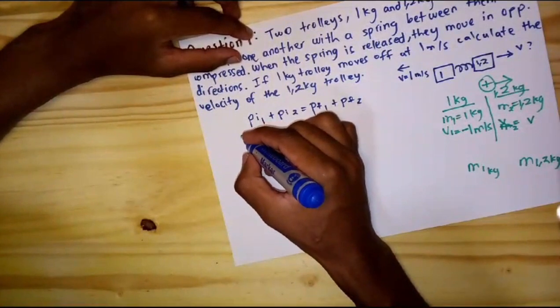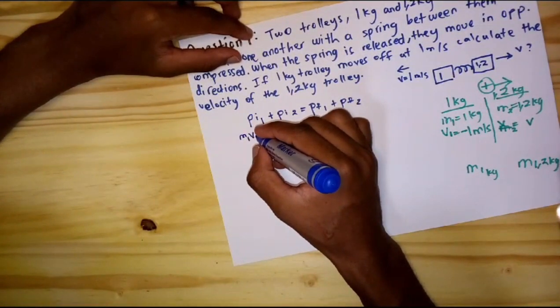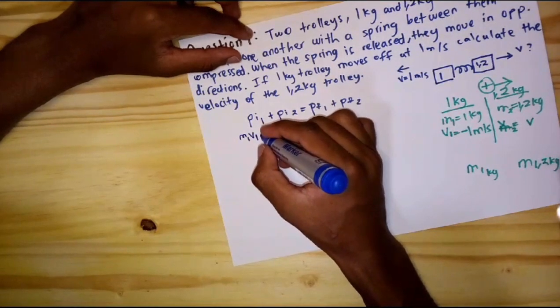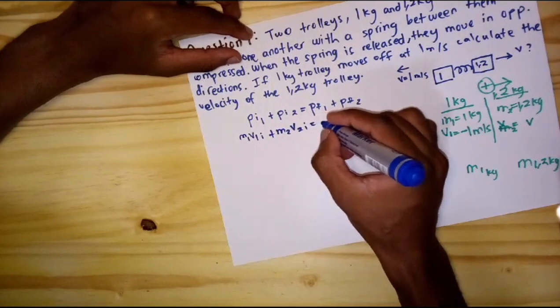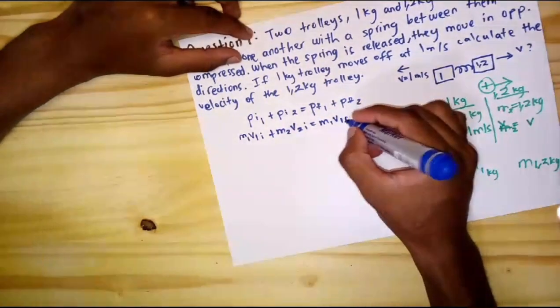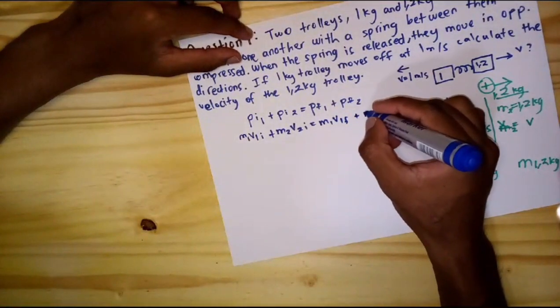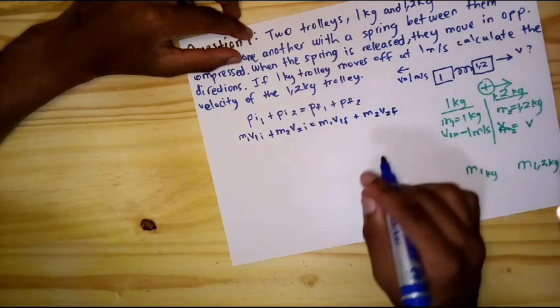You could start from saying M1 V1 initial plus M2 V2 initial equals M1 V1 final plus M2 V2 final.